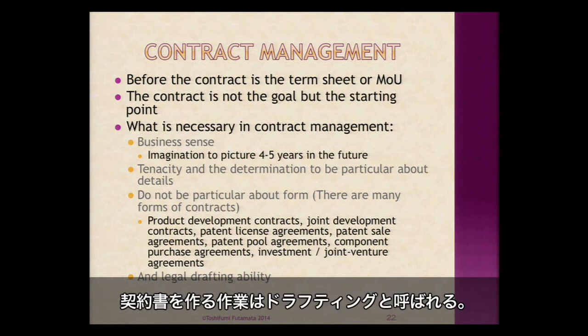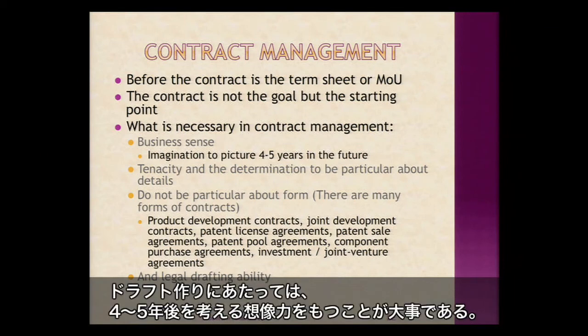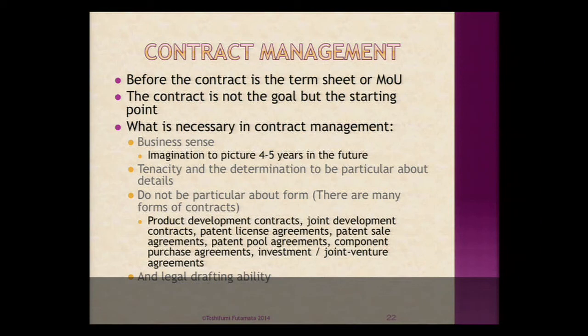The task of creating a contract is called drafting. It is drafted by lawyers. In this drafting process, it is crucial to have a firm imagination of 4 to 5 years into the future.